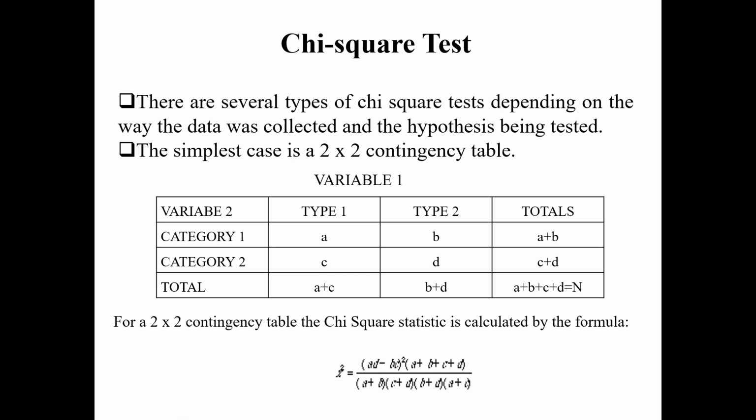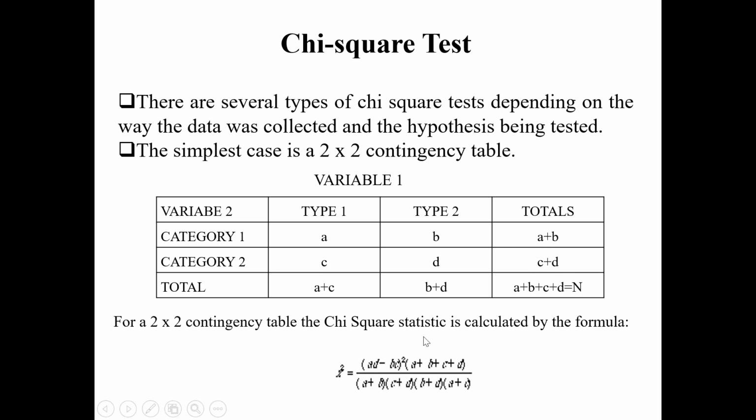The simplest way is, from this we calculate the chi-square statistic by the formula: chi-square equals, in brackets, AD minus BC, whole squared. That means the multiplication AD minus BC, bracket close, squared, multiplied by the total N, that is A plus B plus C plus D, divided by the multiplication of the sum totals of the rows and the columns.